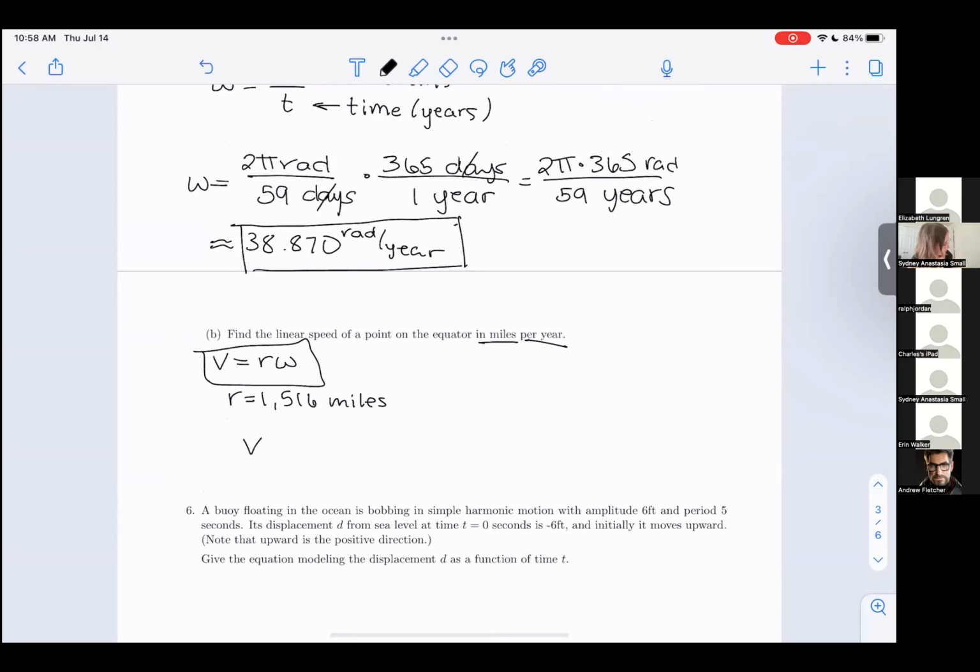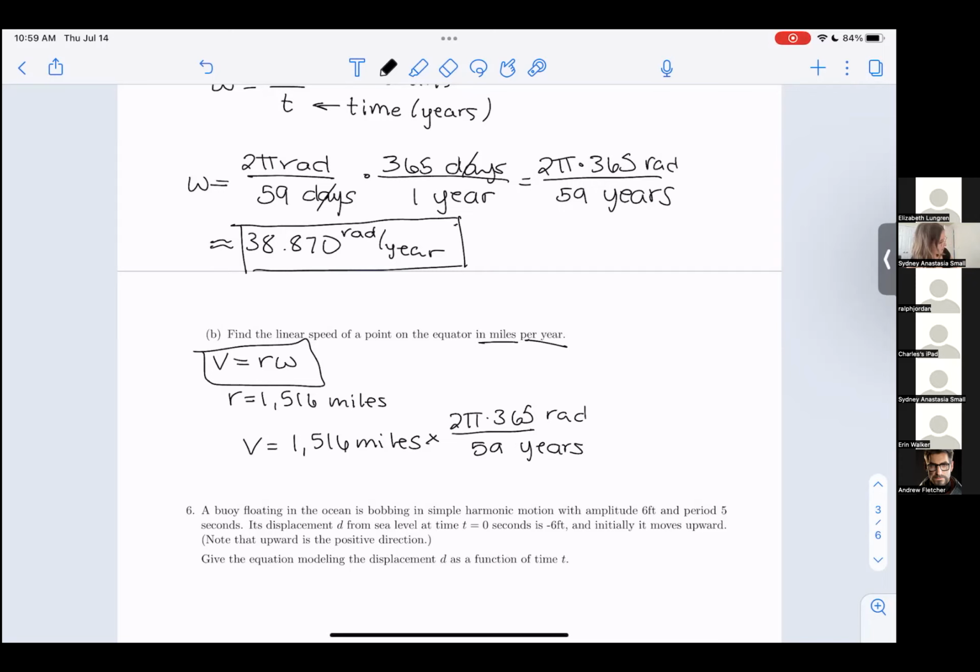So we get that V is equal to 1,516 miles times, I could use this value here. However, I just want to be as exact as possible just to eliminate any round off errors. So I'm just going to use the exact ratio here, which is 2 pi times 365 radians per 59 years.